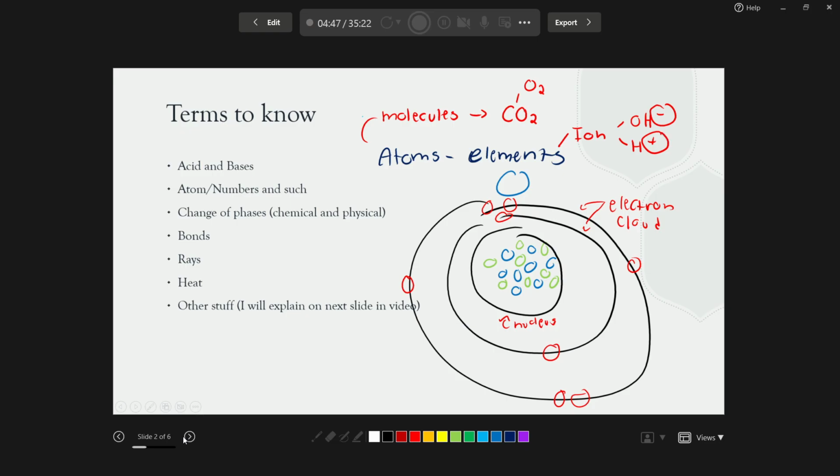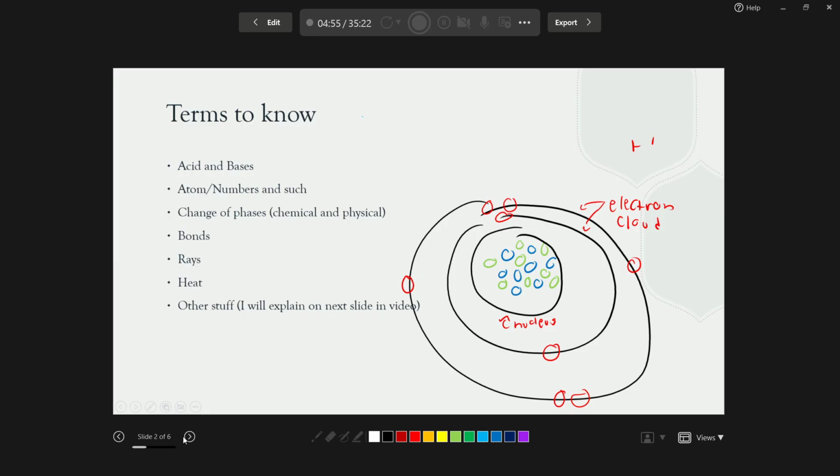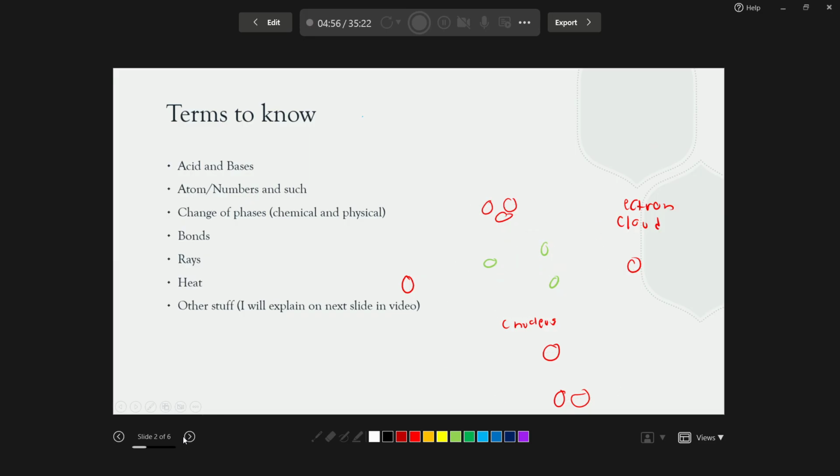Let me erase this. So the structure that you saw is how they usually look. I'll go ahead and explain real quick what a Lewis base structure is.